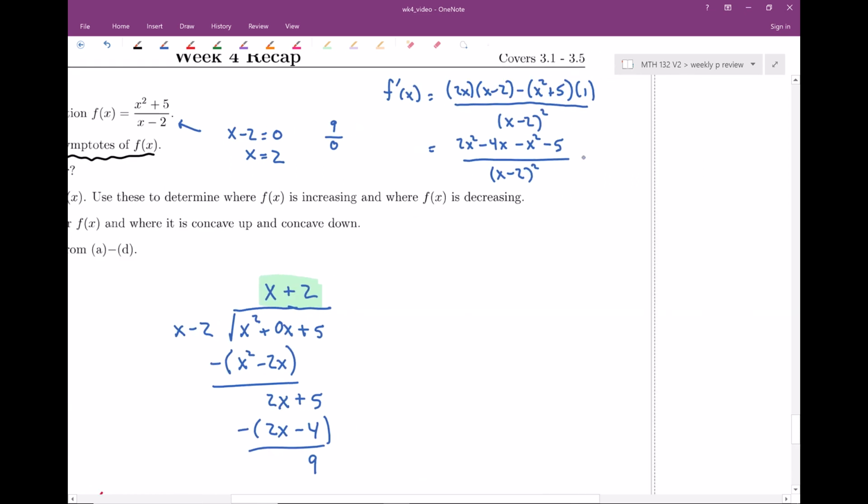This 2x squared minus x squared, that's going to be x squared. And that's what our derivative is equal to: x squared minus 4x minus 5, all divided by x minus 2 quantity squared.